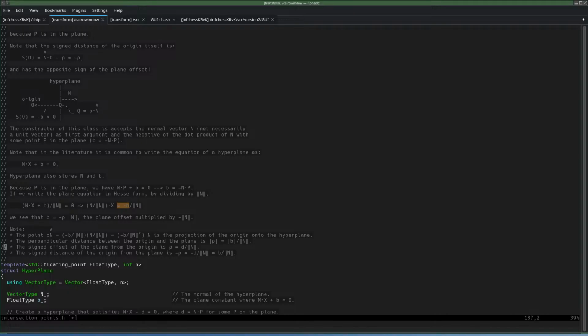Let's continue here. The signed offset of the plane from the origin is, per definition, rho, per definition between quotes, is minus b. Yeah, already had that here. So maybe we should put that before that. Should I put it at the top actually?